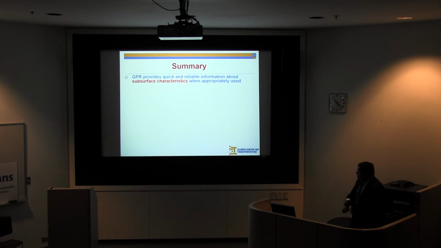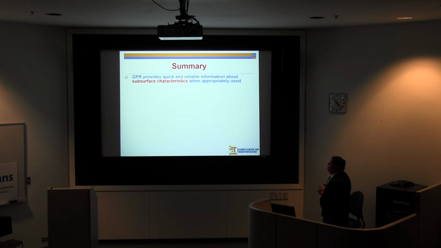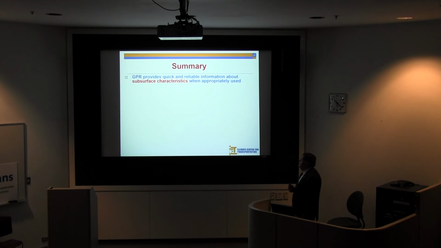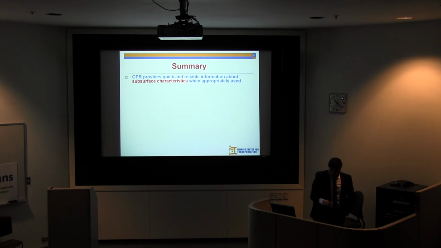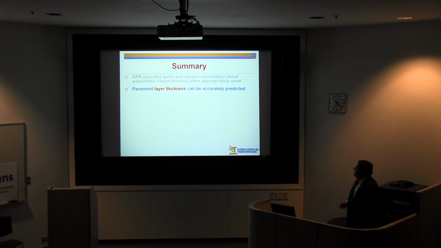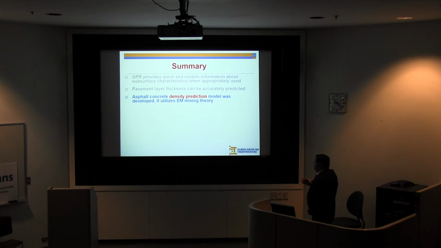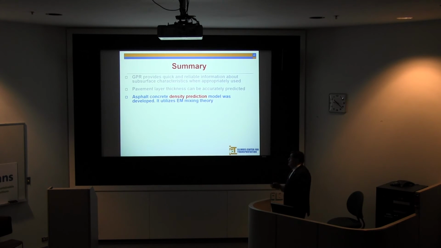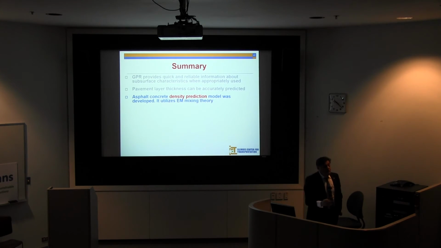Okay. So in summary, GPR provides quick and reliable information about the subsurface characteristics when appropriately used, and I'm going to emphasize that point. Pavement layer thickness is not a big deal now. We can measure this with accuracy if we know what kind of antenna and what kind of frequency we want to use for that application. For the density predictions, we have really good models now, and we are using the mixture theory.